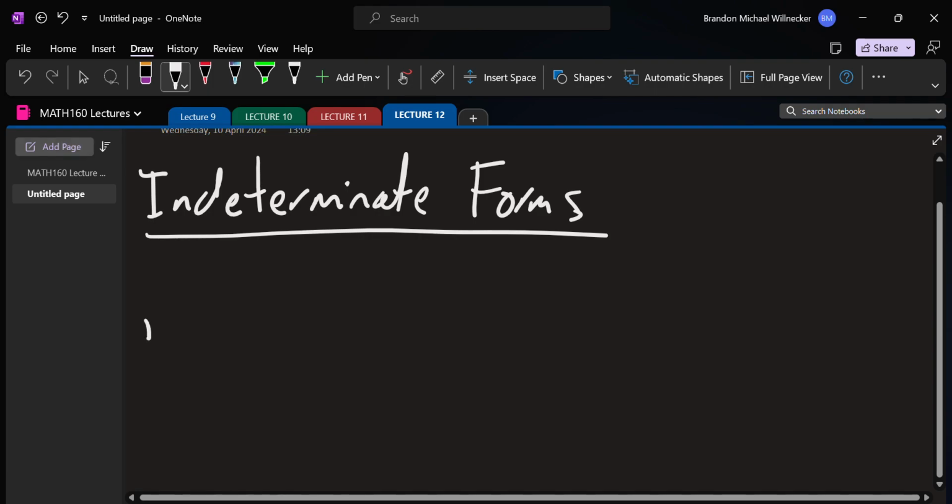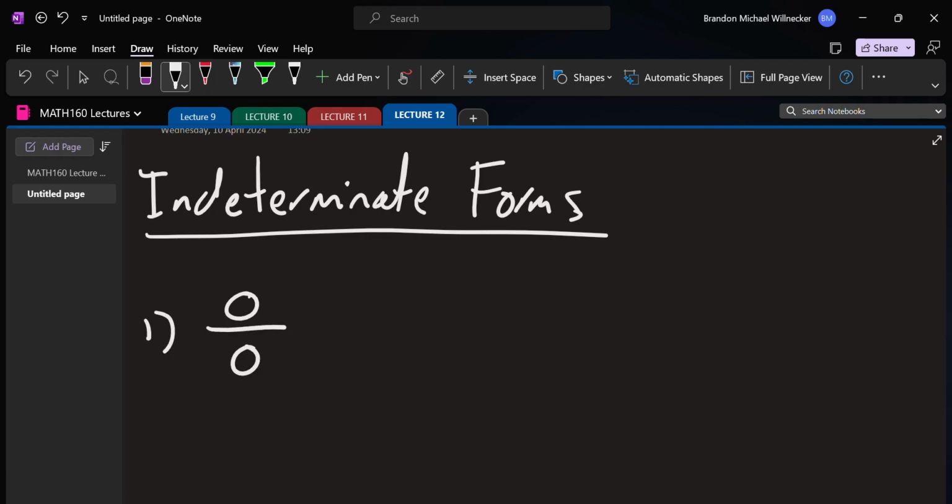And we looked at the first two, where we had type 0 over 0. So we had the limit where the numerator went to 0 and the denominator also went to 0. Now, you can't just say the limit doesn't exist right away. There was some more work we had to do to figure out what the value might be. Okay, sometimes there is a value, sometimes there isn't, but just because it looks like this doesn't mean you can't find the value.